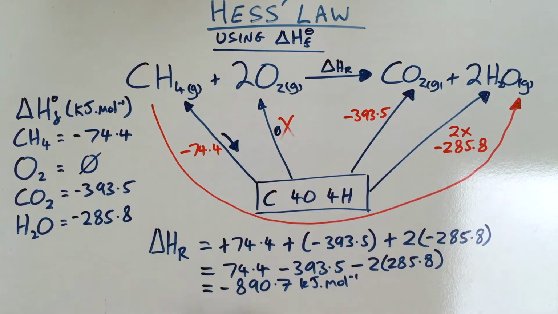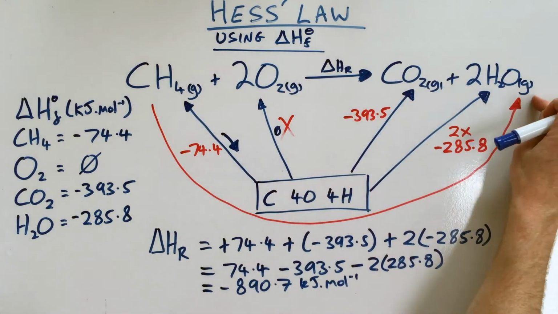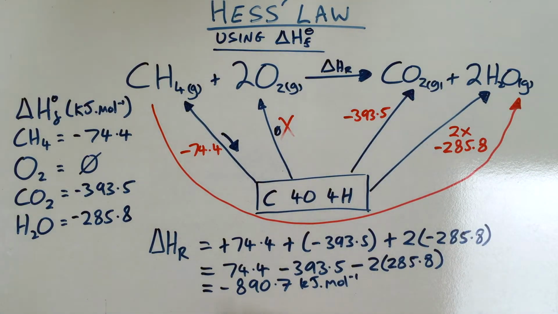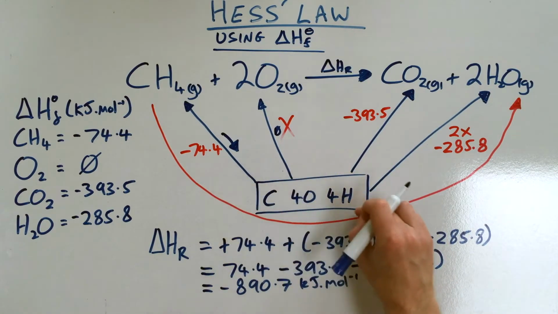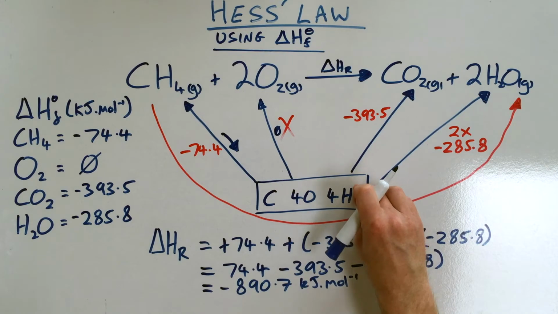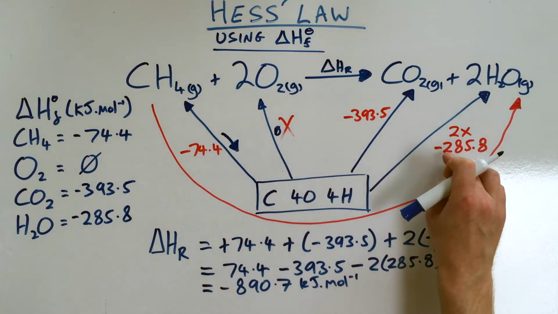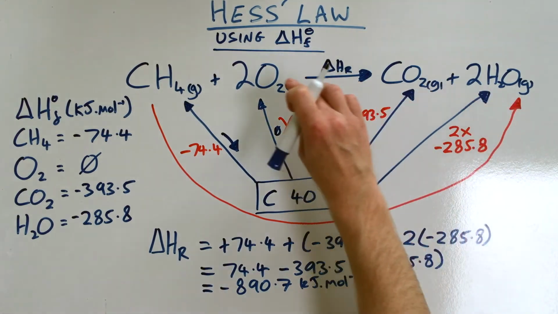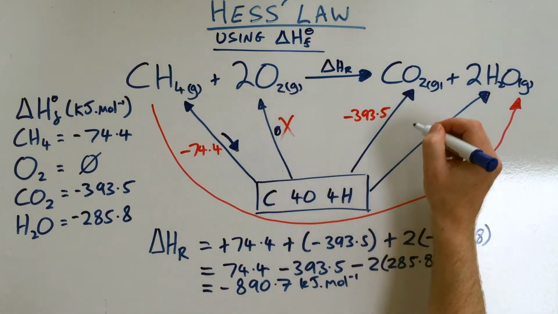Very quickly, the headlines. Balanced equation at the top, states of matter, very, very important. You get given your list of delta H formations, you put your intermediate elements at the bottom, your constituent elements, and then you put in your numbers for the formation of each of your reactants and products. Arrows up, ladies and gentlemen.